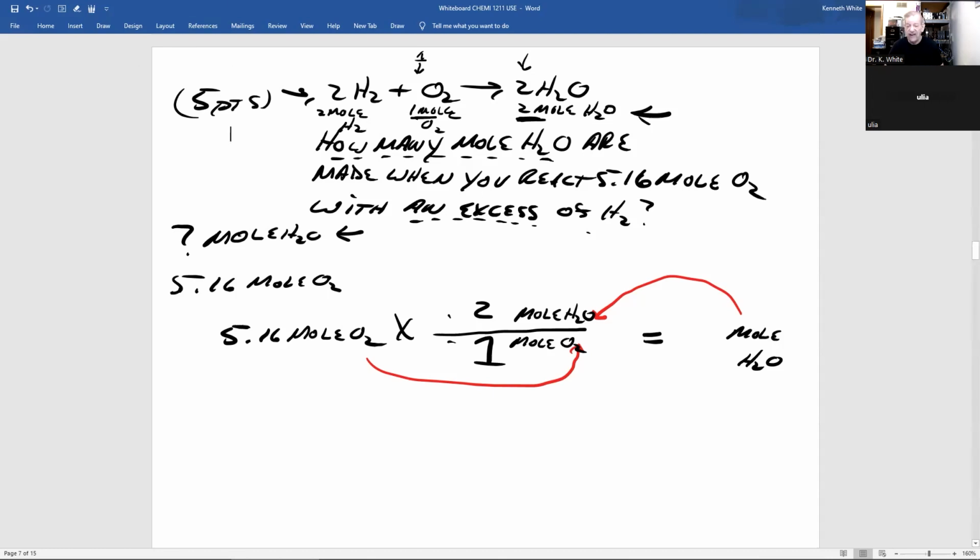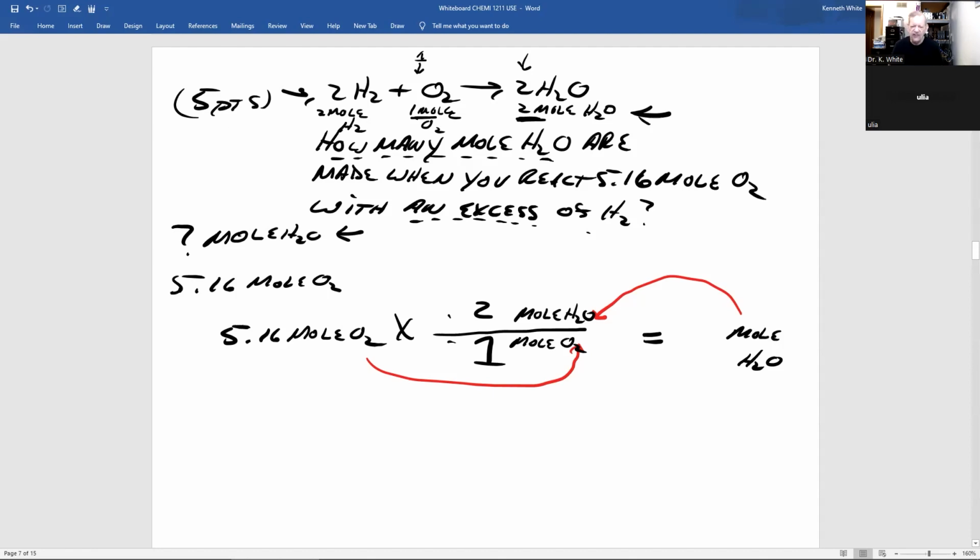Now, because we see excess hydrogen, we don't need that, but I still wrote it down. But 1 mole of oxygen makes 2 moles of water. We get that because the coefficients of the balanced chemical equation give us that ratio. When there's no number, it's the number 1.